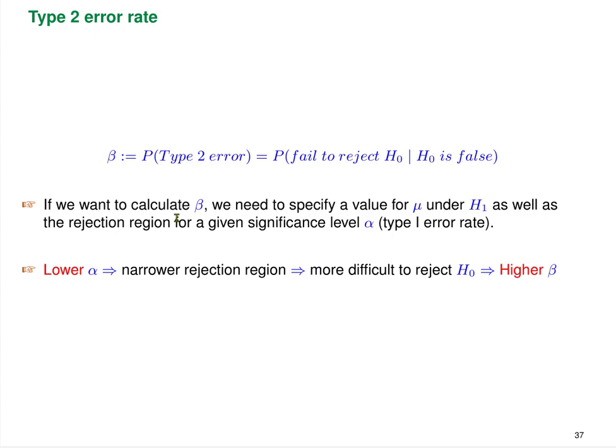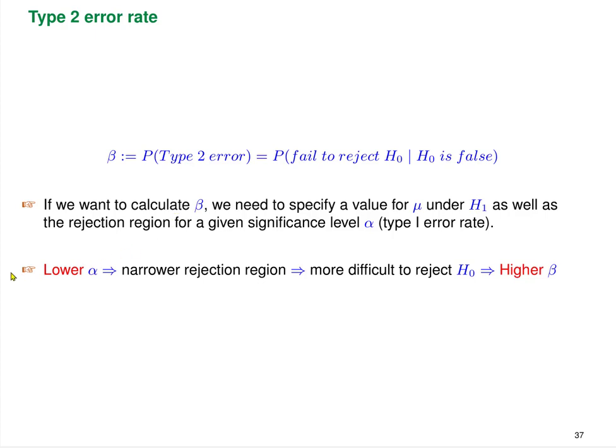Therefore, it is a little bit involved to compute the type 2 error rate, which is beyond the scope of this course. That being said, you need to understand the qualitative relationship between type 1 and type 2 error rates.